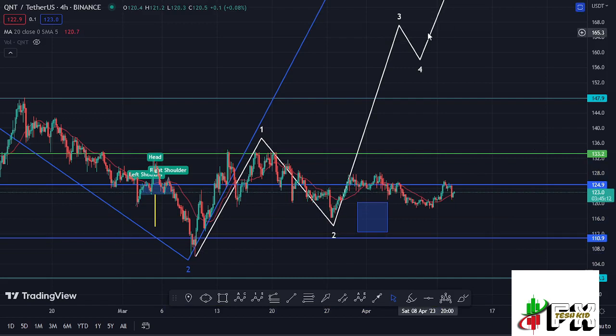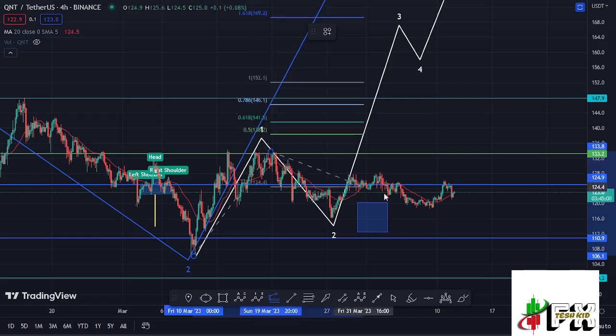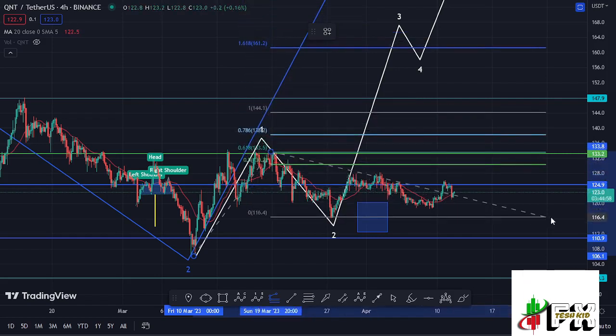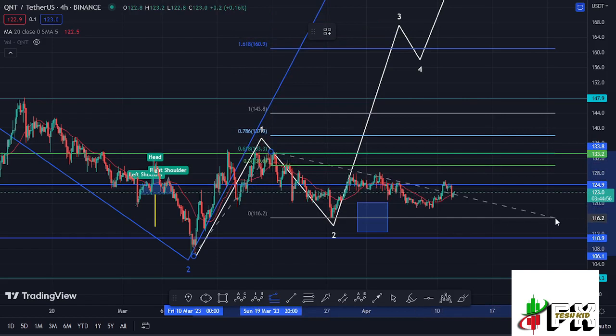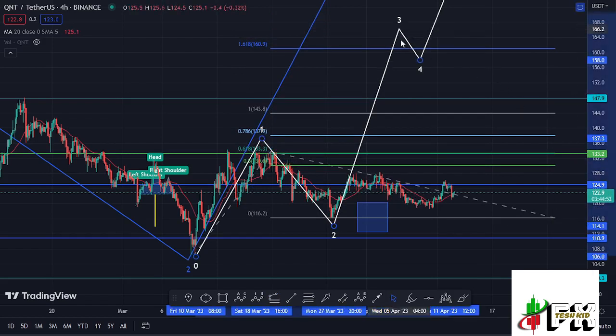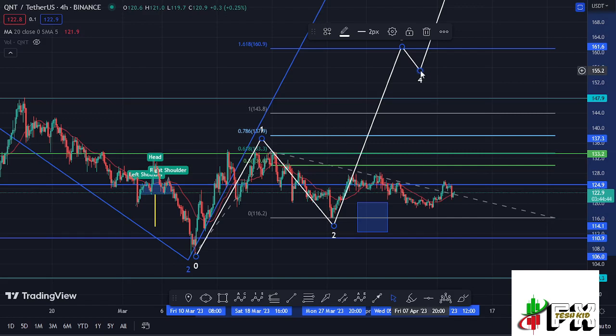And giving you my target areas in the formation of this wave 3, which is my short-term scenario, by connecting the trend-based Fibonacci from the low of the first wave to the high of that wave 1, then dragging the fibs to the low of the second wave, that now gives me a target area in the formation of that wave 3 at the fib level 1.618, and that is at around the $160.9 mark, and that is the minimum that we can expect Quant to do here on the short-term scenarios.